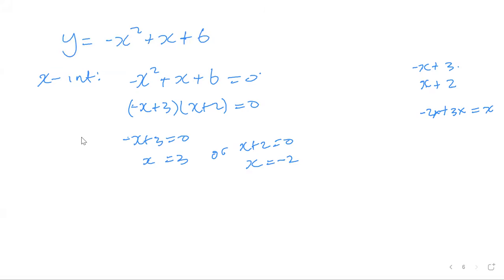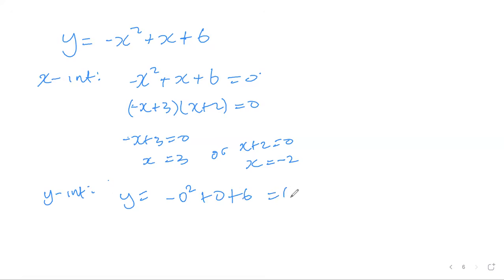Okay, those are my x-intercepts. I need to get my y-intercept by setting x equals 0. So for the y-intercept, y is negative 0 squared plus 0 plus 6, which is 6.